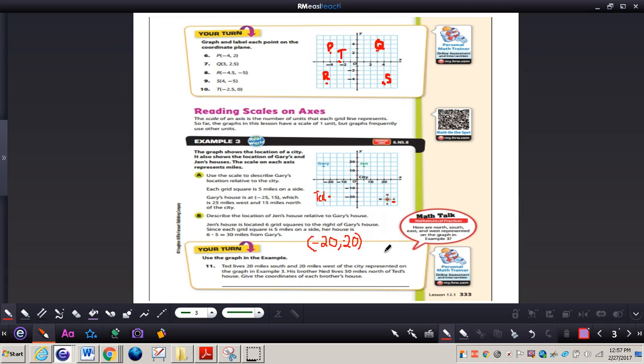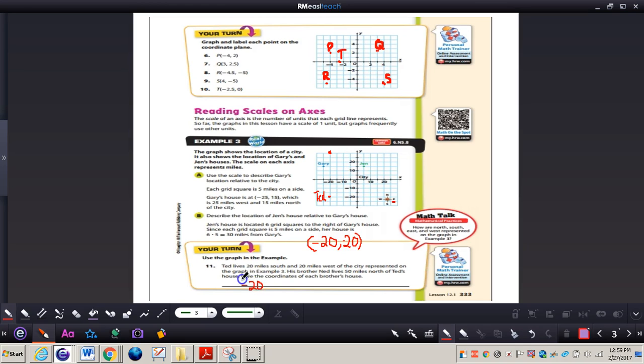Now his brother Ned lives 50 miles north of Ted's house. So we'll see where you would plot that point on this coordinate grid. We have to start at Ted's house. We don't start at the origin, we start at Ted's house. Since we're starting at Ted's house, it's just saying 50 miles north. It's going to be right in line with -20 on the x-axis.